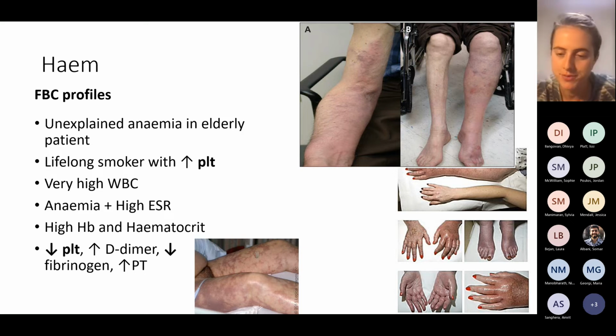You can kind of guess it from the lifelong smoker bit, but it is one of the 2-week wait for lung cancer. Good. That's quite easy.